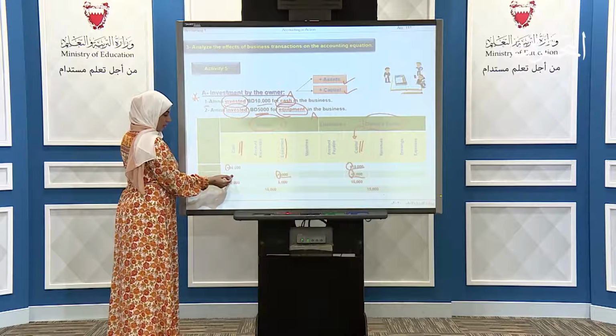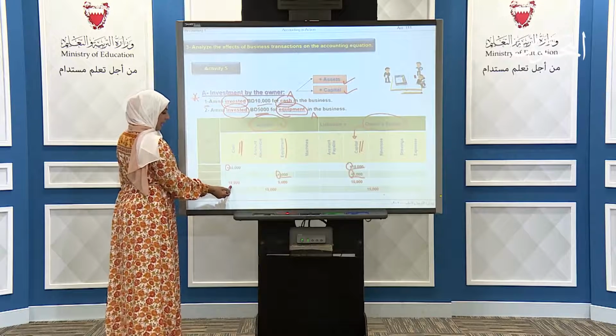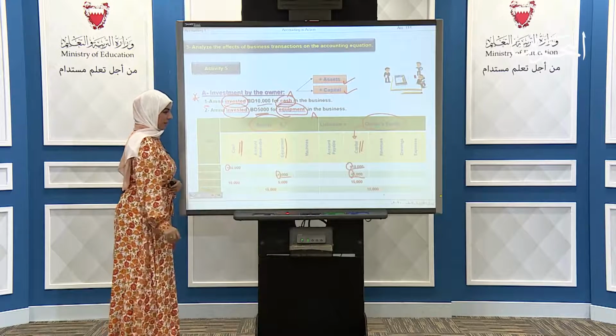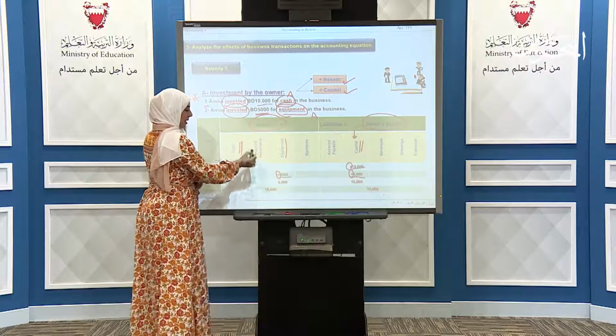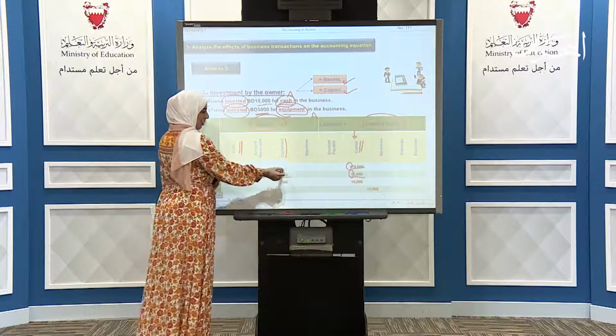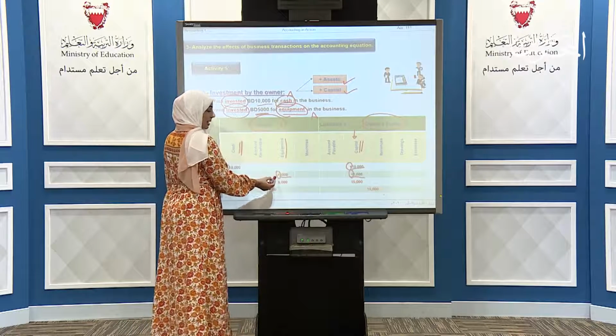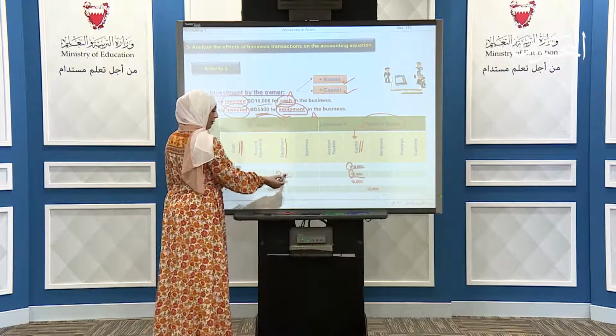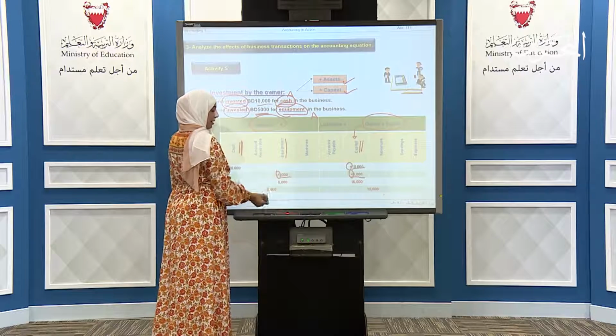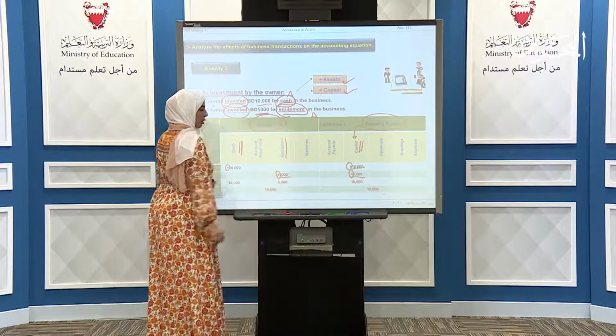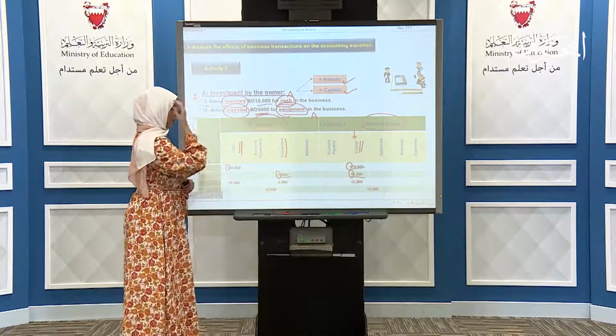In transaction 2, I don't have anything, so the balance will be 10,000. In the account receivable, there is nothing. Moving to the equipment, in transaction number 2, I have 5,000. I don't have any transaction before, so the total or the balance will be 5,000.